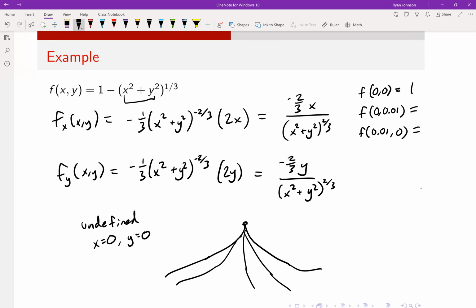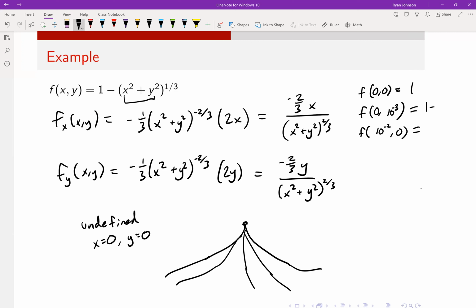If I plug in 0.01, let's call it 10 to the negative 2, then that would be 1 minus 10 to the negative 2 squared, which is 10 to the negative 4, to the 1/3 power.